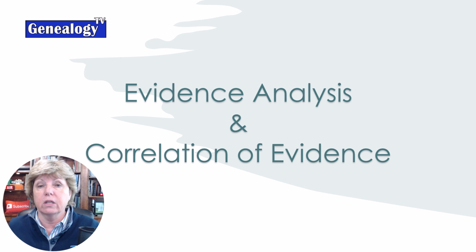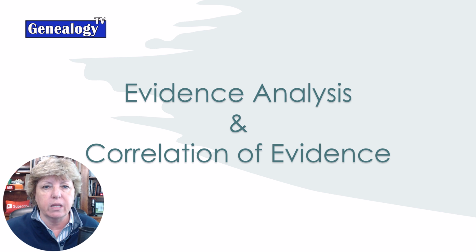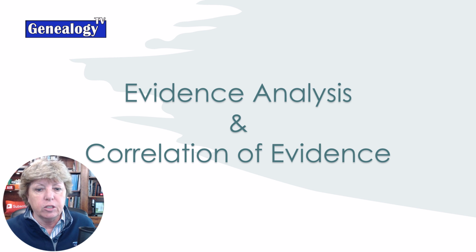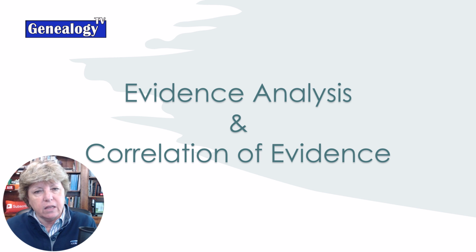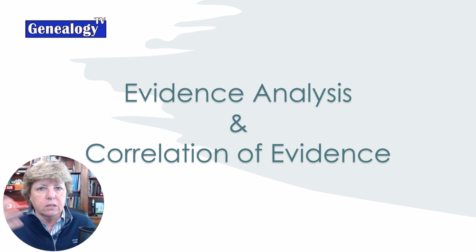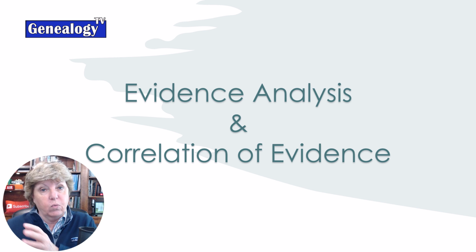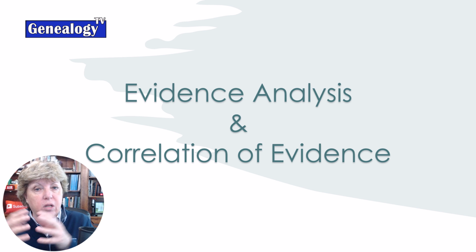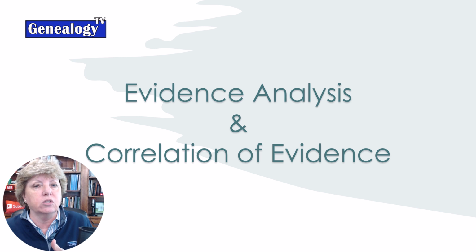Then you have correlation of evidence. This is where you take all of the records that you have found, and you've done your reasonably exhaustive research by this point, and you are lining up the facts. So now you can take the weight of each of those documents and go, okay, these are lining up, but these aren't. These are less likely to be as accurate or whatever. So you line up all of these documents and their facts within each of those documents.